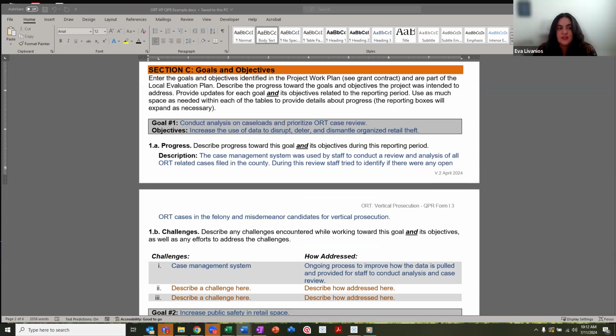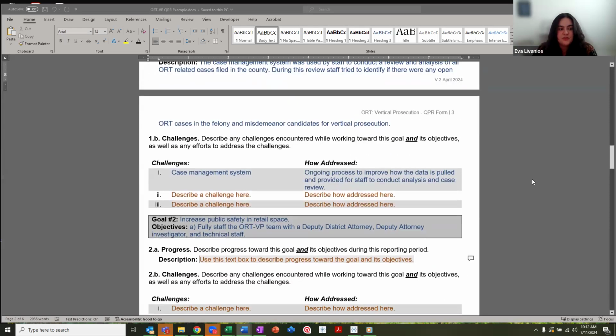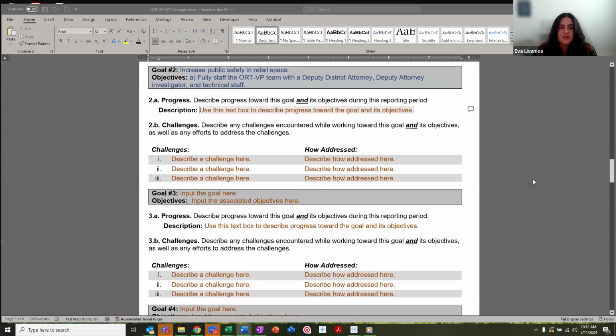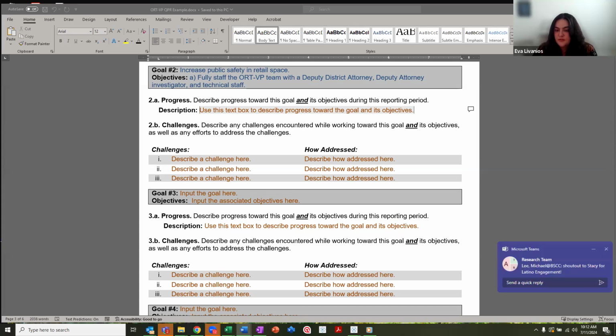For section C, goals and objectives, we're going to just go down to goal number 2. If anyone notices any issues with this goal, feel free to speak up. So for goal number 2, we see that there's no updates for the progress of the goal.